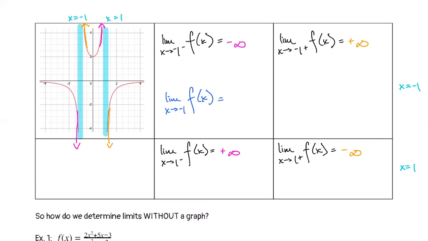Okay, why is that does not exist? I would agree that this overall limit does not exist, but how come?